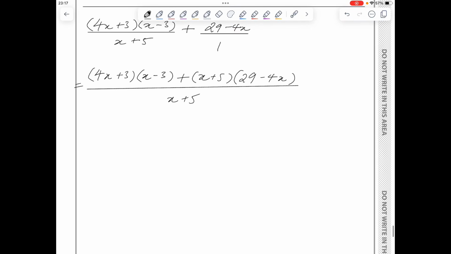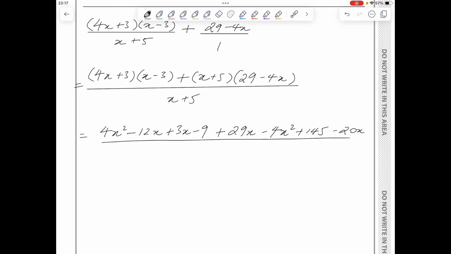So let's expand and simplify. 4x squared minus 12x plus 3x minus 9 plus 29x minus 4x squared plus 145 minus 20x, and all of these over x plus 5.